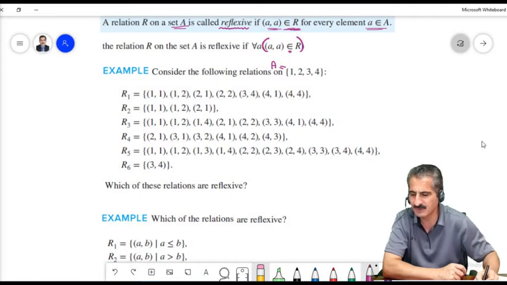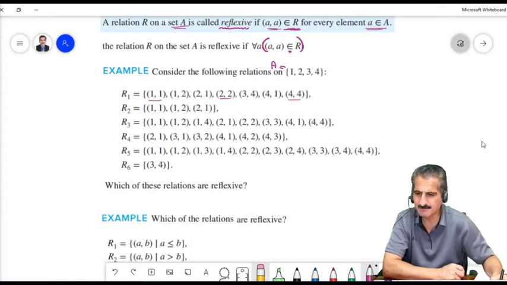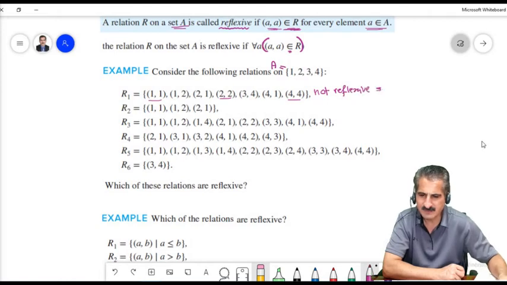So what do you think about R1? We have (1,1) here, we have (2,2) here, we have (4,4). But we don't have (3,3). So R1 is not reflexive, since (3,3) does not belong to R1.